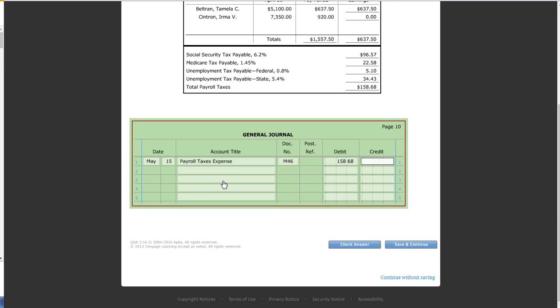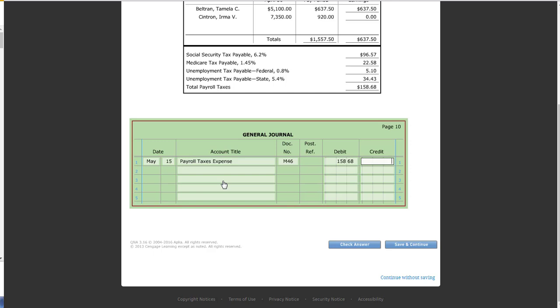Now, when we think about my numbers, my 96.57, 22.58, 5.10, 34.43, this is all amounts of money that we owe because we have employees. So my liabilities have to go up.